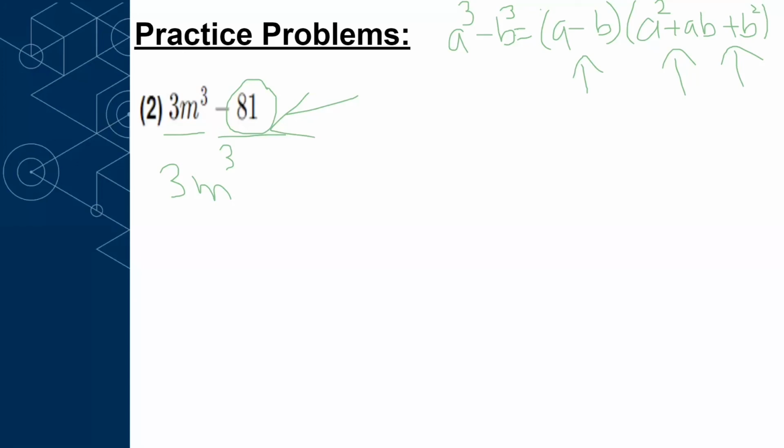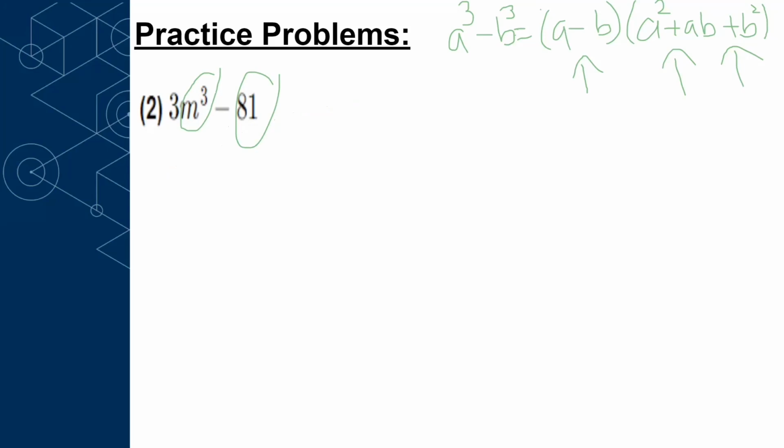And the chart actually had all the numbers, including 10 and then lower, and then the perfect cubes for them. So is this then not a difference of a perfect cube? It actually is a difference of a perfect cube, but it might not be noticeable that easily, because even though I see m to the third power, 81 is not a perfect cube, so I can't think of a number that if I raise to the third power will give me 81.